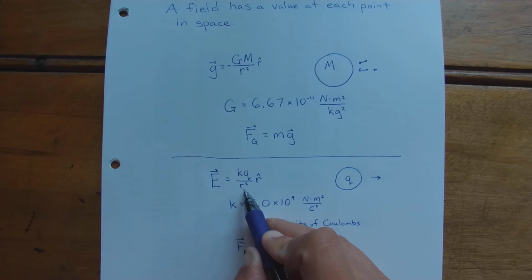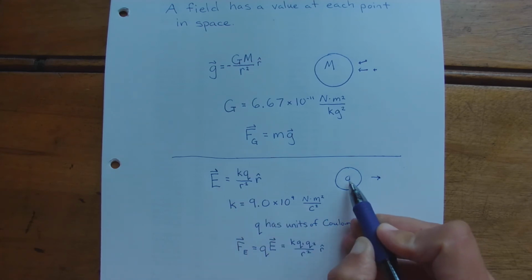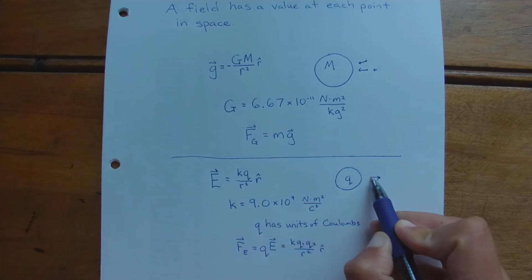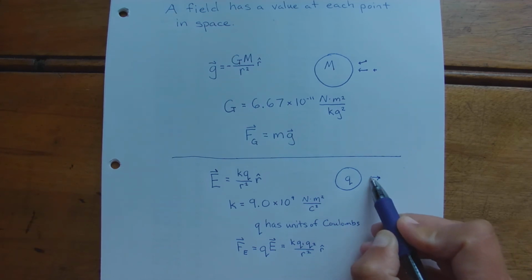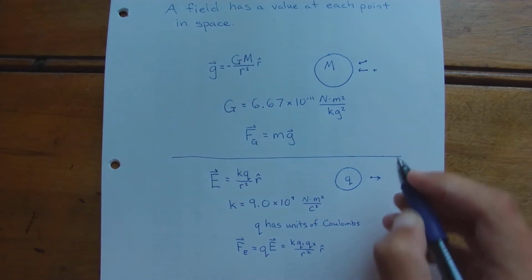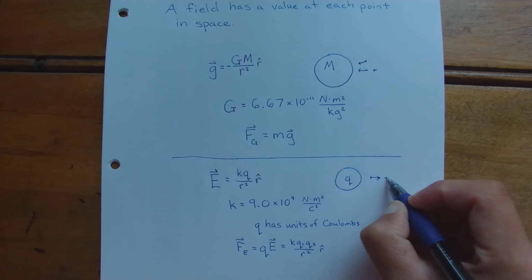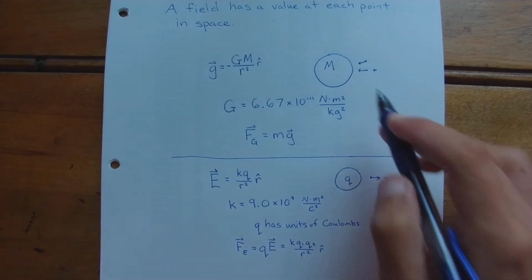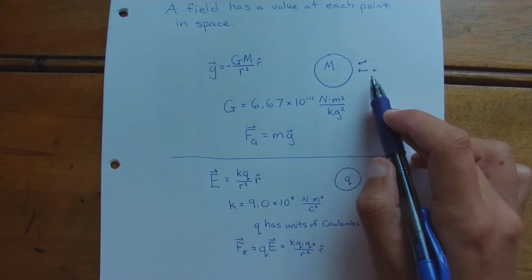And because the electric field is inversely proportional to r squared, which is the distance from the center of the charge to the point of interest, the field is going to get smaller as you move away, just like it did for the gravitational field here.